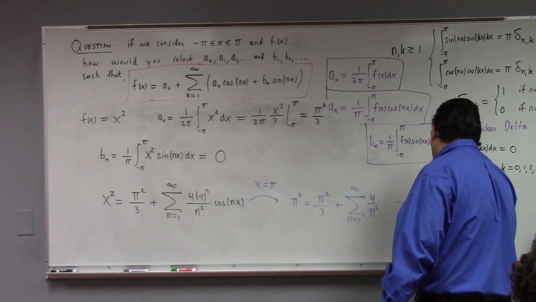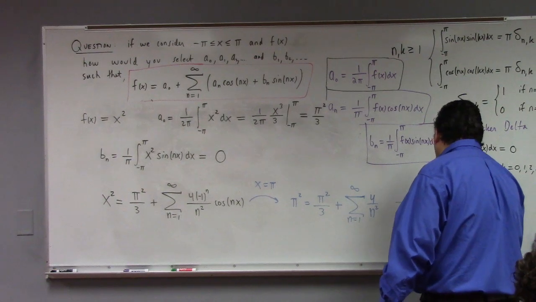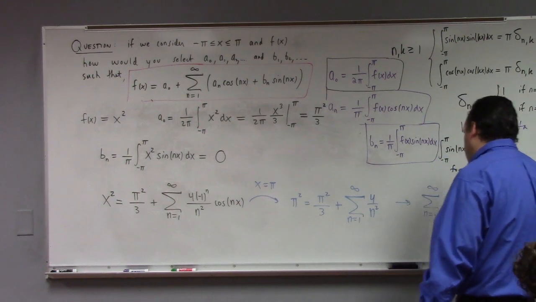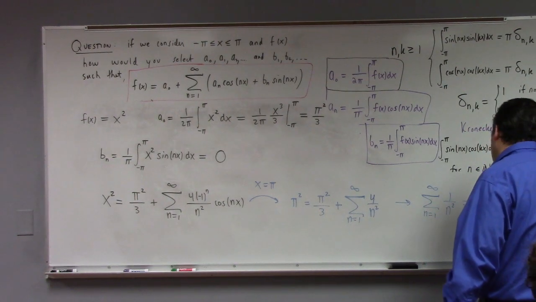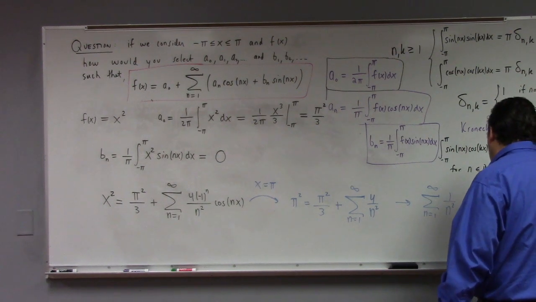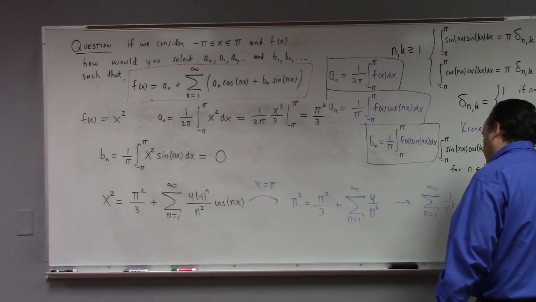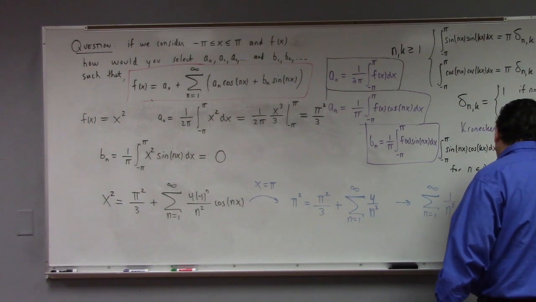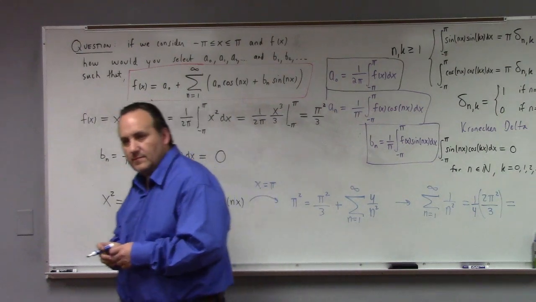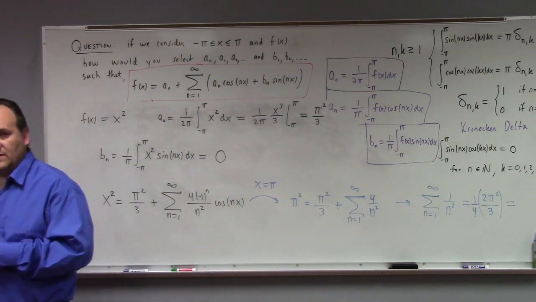Which tells me that the summation n equals 1 to infinity of 1 over n squared is actually equal to 2 pi squared over 3, all divided by 4. What's that equal to? What's 2 over 12? It's 1 over 6.